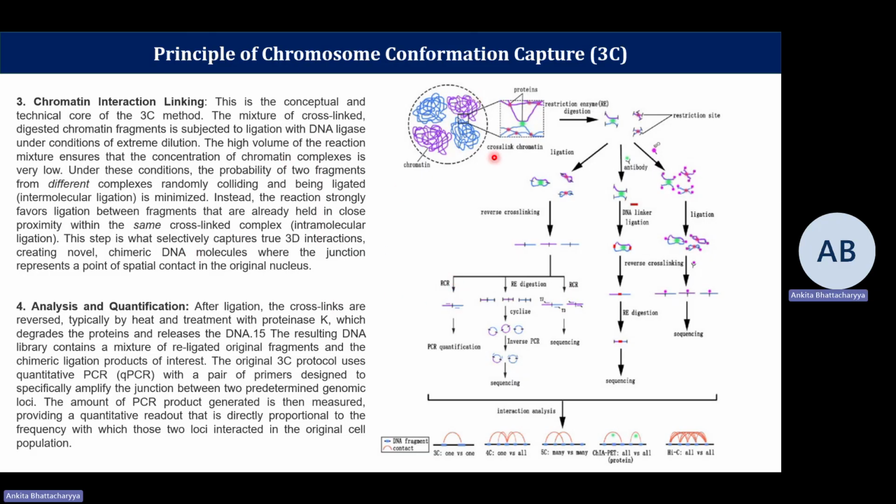So this is what you see here, a representation of these chromatin bubbles or chromatin territories inside the nucleus. If you cross-link chromatin using formaldehyde-like chemical reagents, then do a restriction enzyme digestion, you'll be able to generate these little fragments which are held in place because they are in close contact with each other.